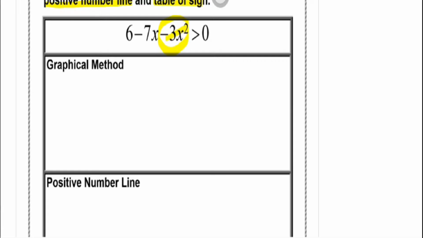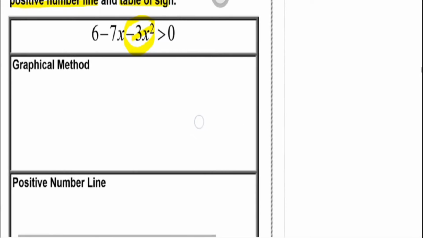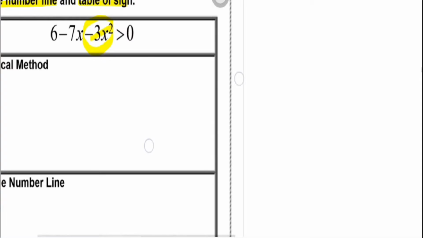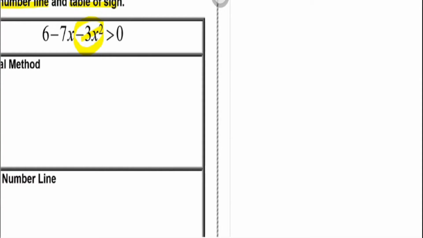Okay, so to make it easier, we better change this equation into a positive one. How to change it? Okay, let me do it kat tepi. So we have 6 minus 7x minus 3x squared greater than 0.